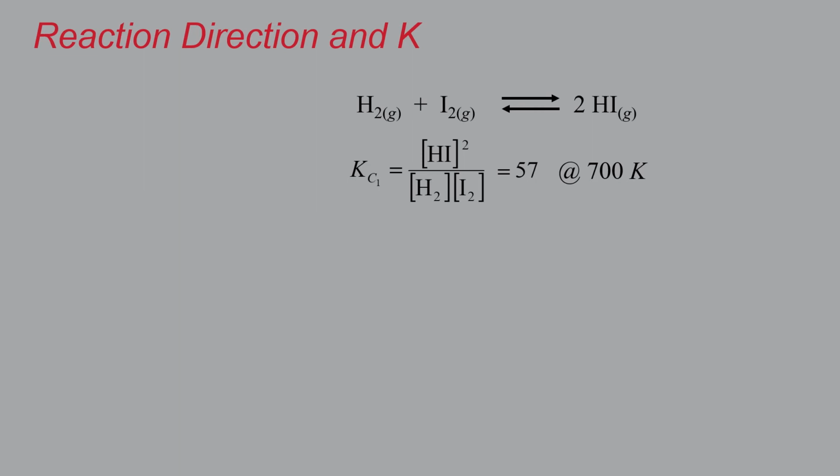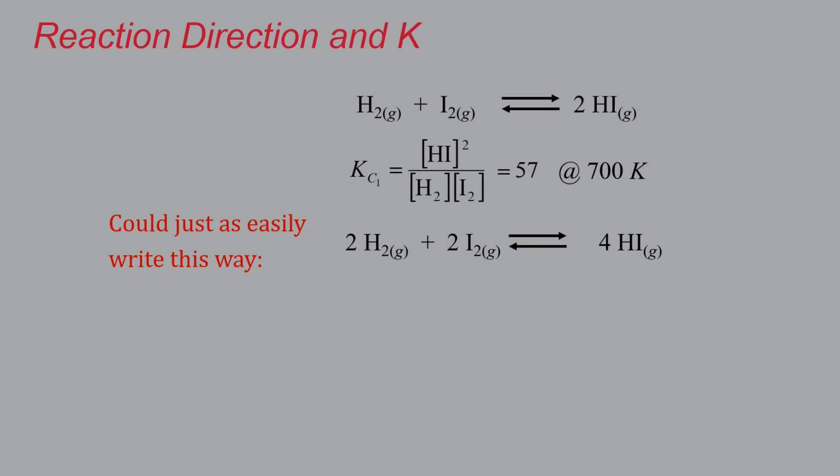All right, so let's look at our Kc1 again. I alluded to what happened in thermodynamics when we halved a reaction or doubled a reaction. So let's play that same game with an equilibrium constant. Technically, this also is a balanced equation: 2 moles of H2 with 2 moles of I2 becoming 4 moles of HI.